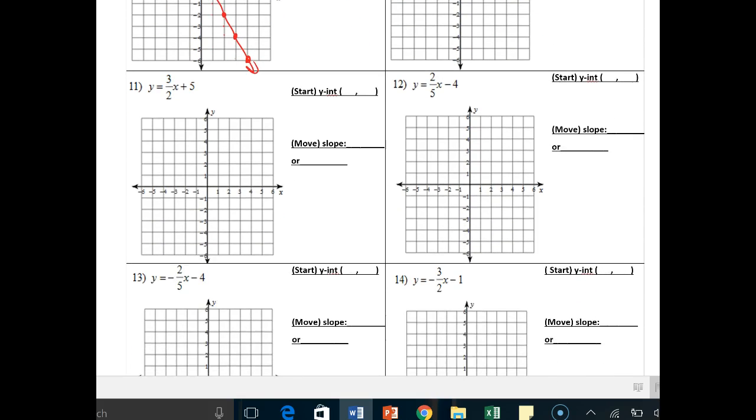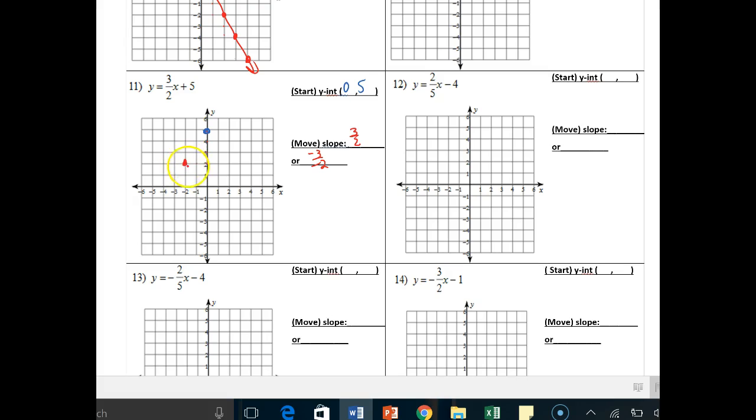Alright, number 11, we're going to start at (0, 5), which is right here. Our slope is 3 over 2 or negative 3 over negative 2. I can go up 3, right 2, but I run out of space, so I should go down negative 3, left negative 2.